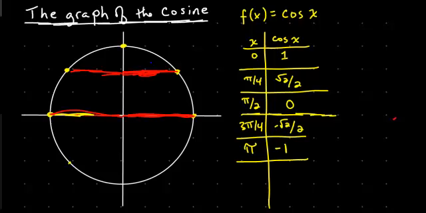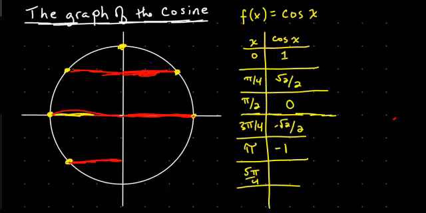So let's go to now. What's that going to be? 1, 2, 3, 4, 5 pi over 4. Again, we look at the x coordinate.